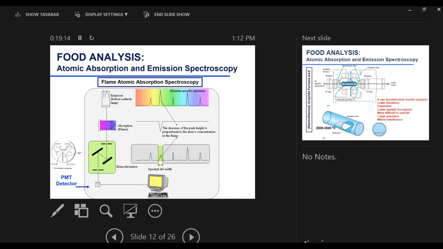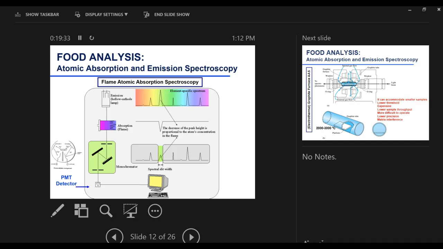So you want to select the wavelength at which you have maximum absorption. Even though you have a cathode that gives you a specific spectra, the element absorbs light at different wavelengths. You want to select the wavelength at which you have maximum absorption to enhance your sensitivity.